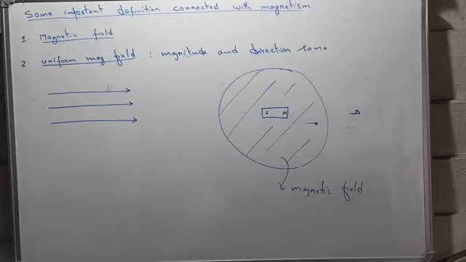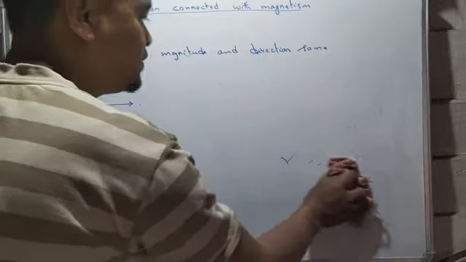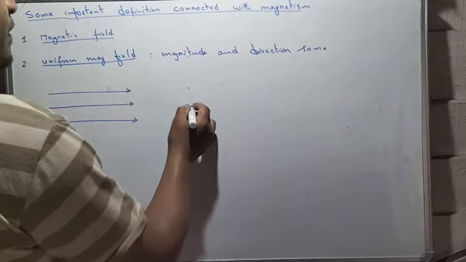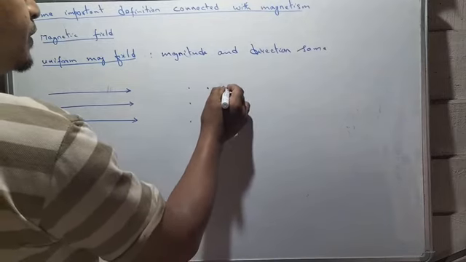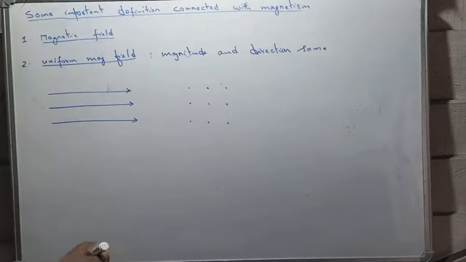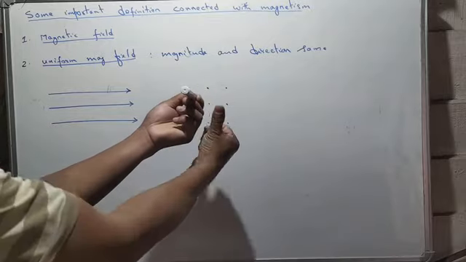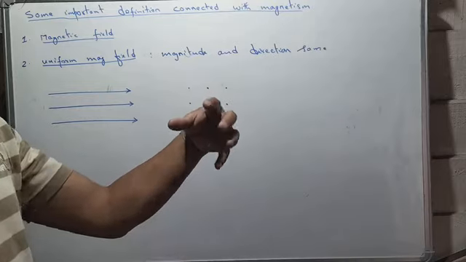which is acting in the plane of a paper. Now the second uniform magnetic field: let's say the magnetic field is uniform, but its direction is perpendicular to the plane, in the outward direction. So that means I have a magnetic field acting outward like this.